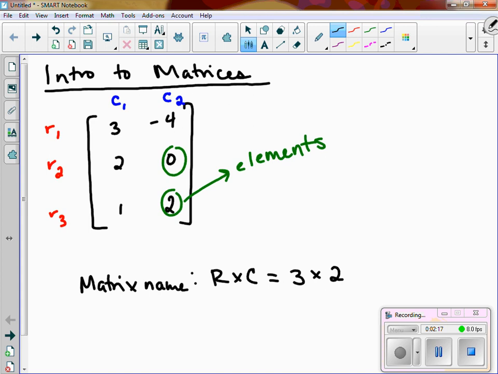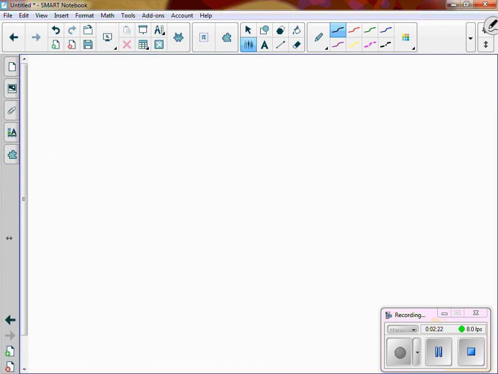The other thing is talking about the geometry. Let's say that I have a triangle. I can list this triangle in terms of its points, and this is what we call a point matrix.